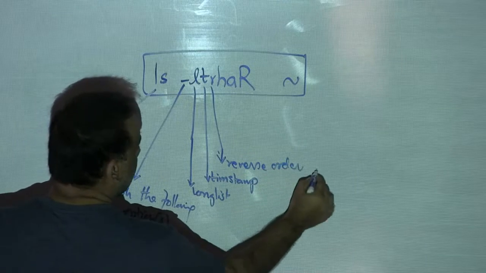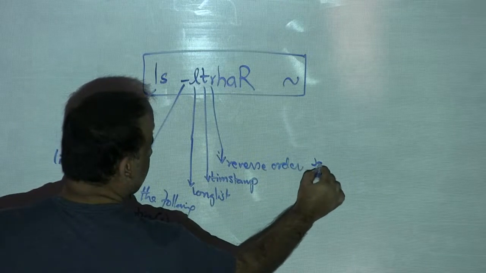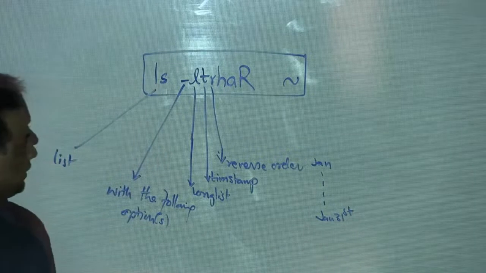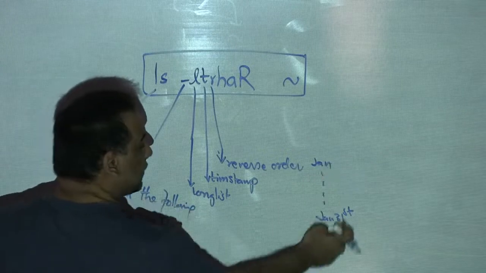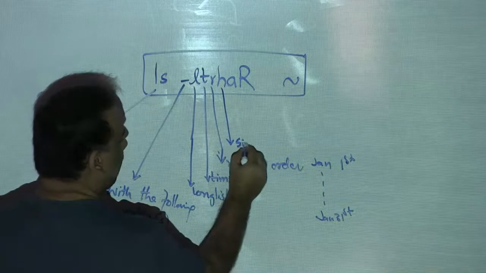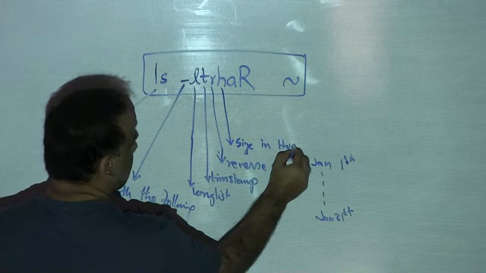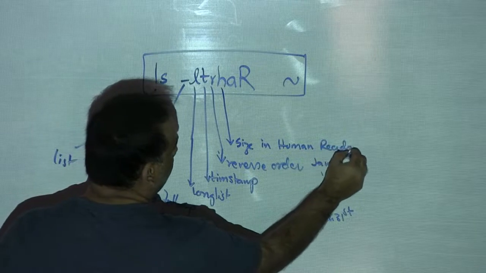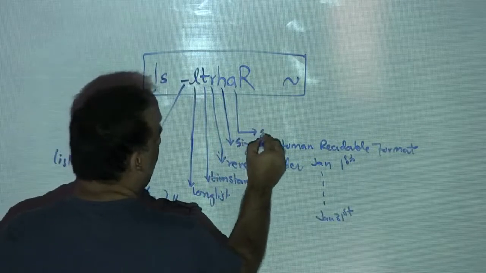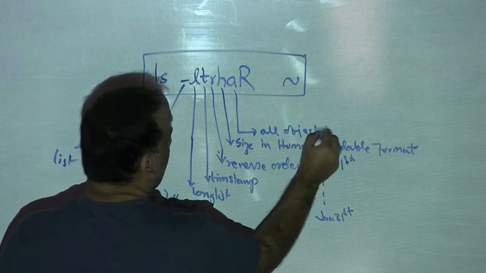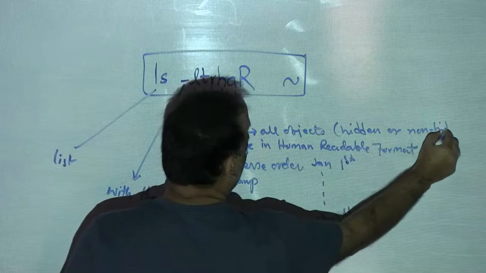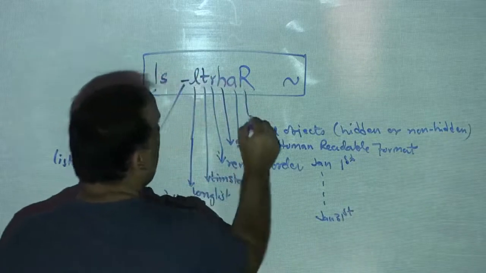Reverse order means it has the timestamp, which is January 1st to January 31st. Okay, if I remove this, then it will be January 31st to January 1st. Size in human readable format. Okay. All objects. When I say all objects, hidden or non-hidden. And then recursively.